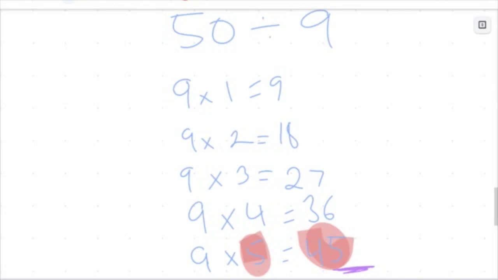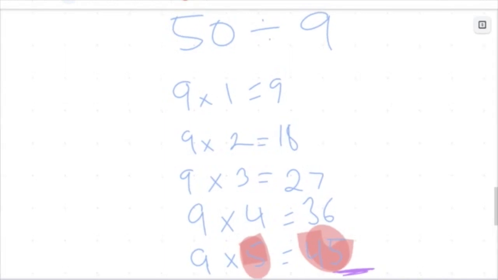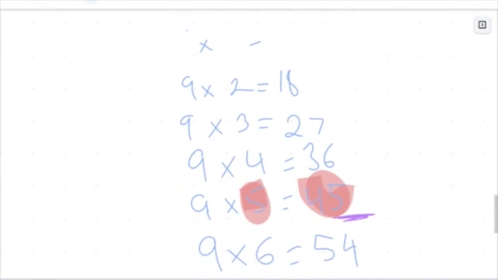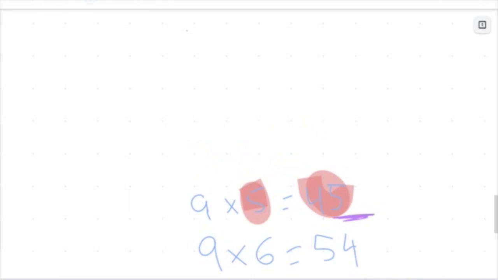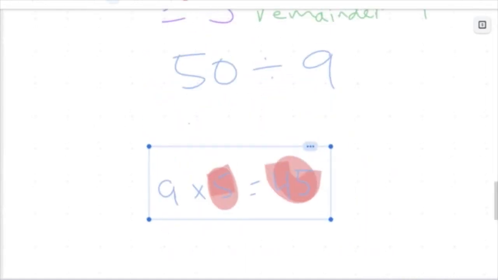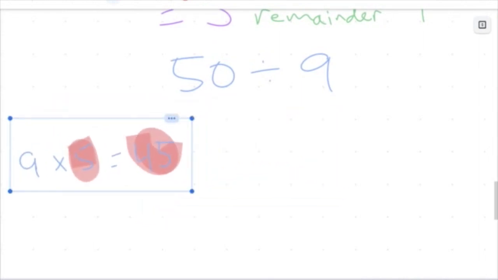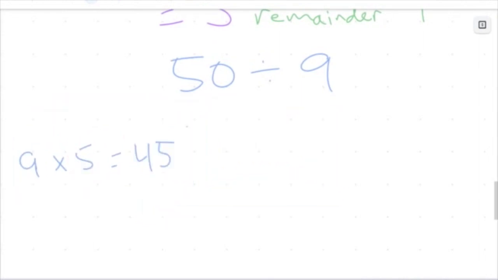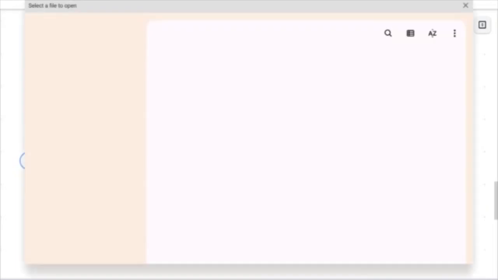So we can say that when we split this up into 5 possible groups, let me just wipe all this out. We know 9 times 5 gives me 45. Let me shift that up here a bit. Let's write this here just so we know where we're at. So 9 goes into 45 5 times.